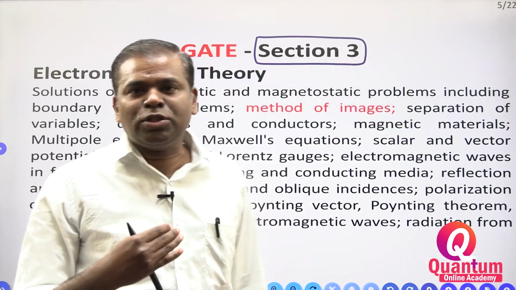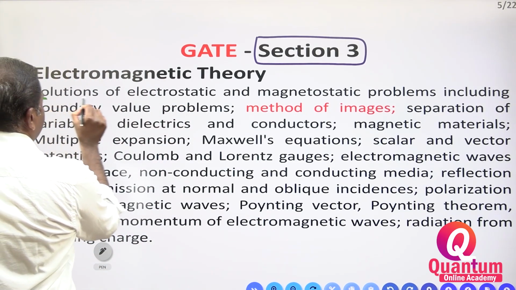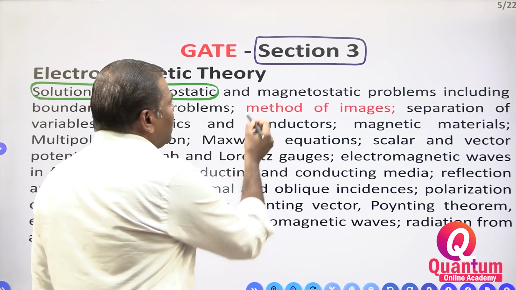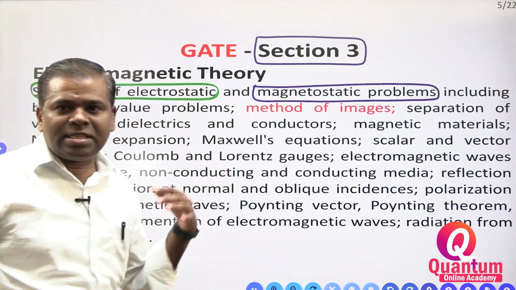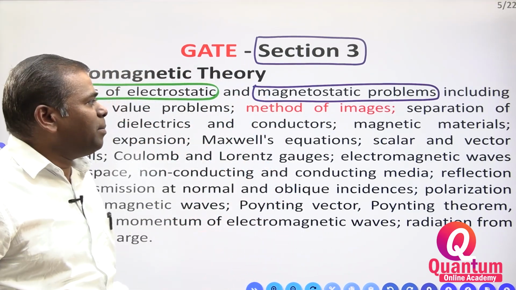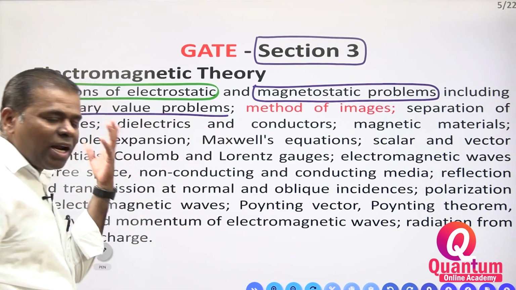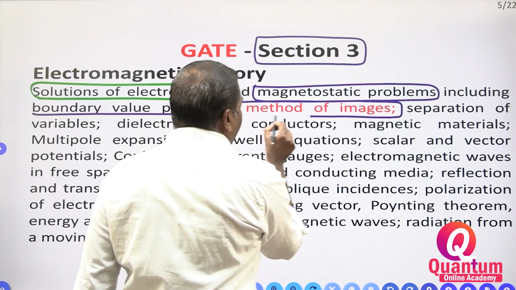What is electromagnetic theory? Once you have seen, solution of electrostatics and magnetostatics problems. In CSIR also there are electrostatics and magnetostatics problems, including boundary value problems. Method of images is very important.